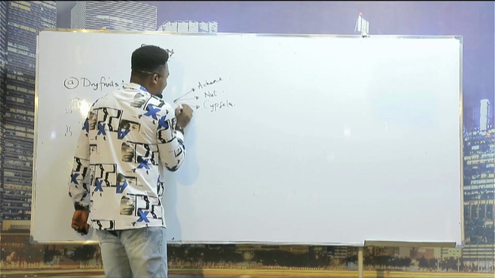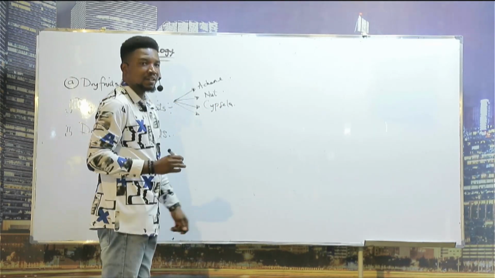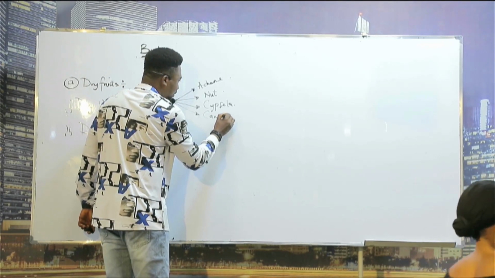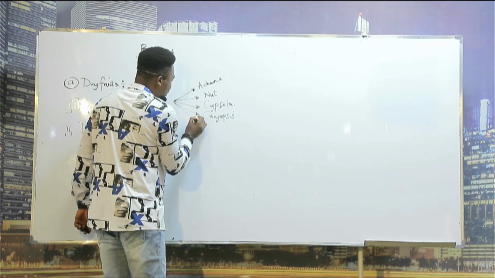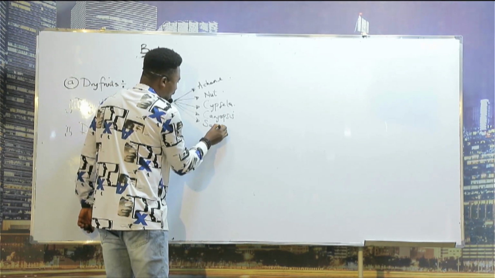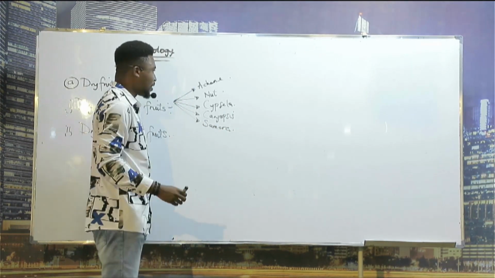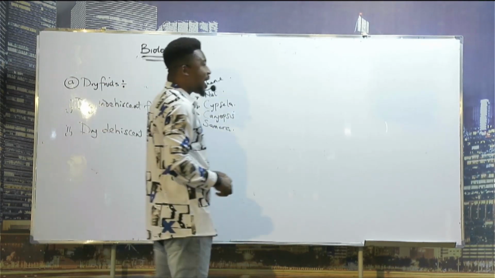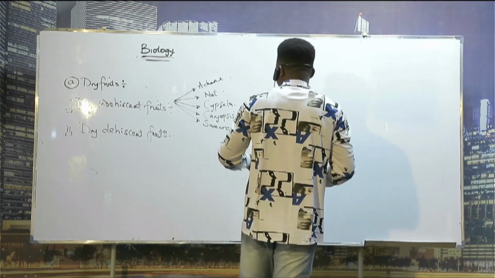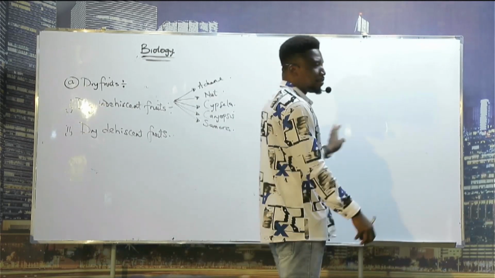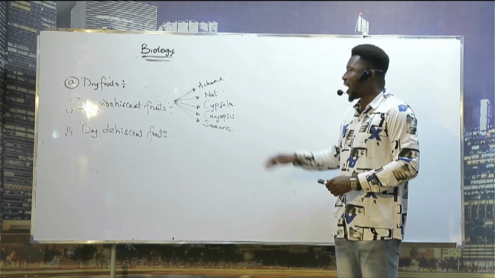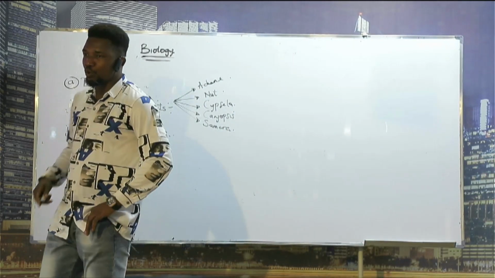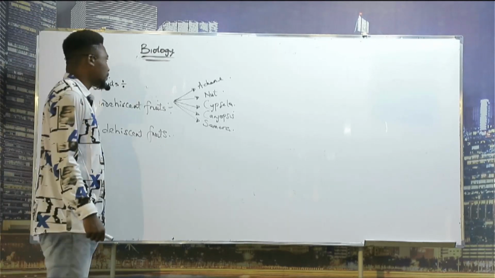Cypsella. The next one is what? Caryopsis. The next one? Samara. So the first one is achene, nut, cypsella, caryopsis, and samara. These are the 5 types of dry indehiscent fruits.